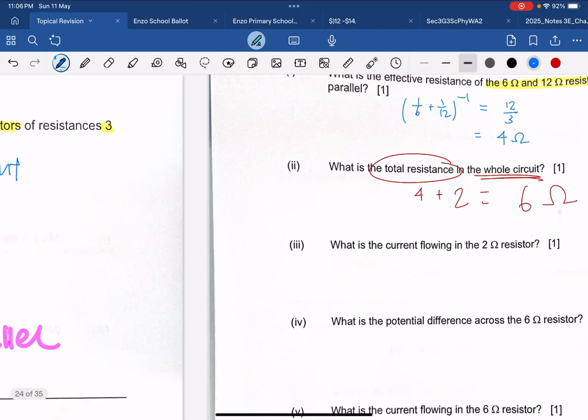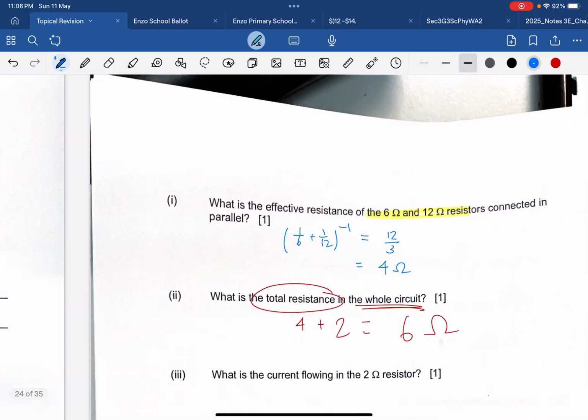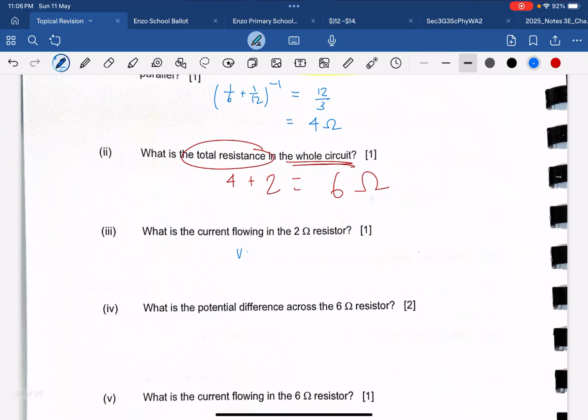V is 24. V equals Ri, 24, and I got my R, which is 6. So I equals 24 over 6, therefore 4 ampere.